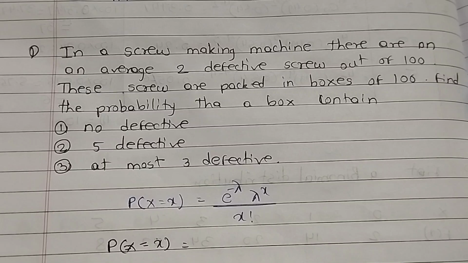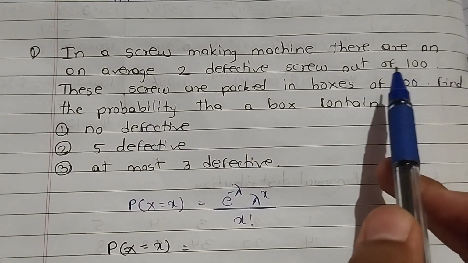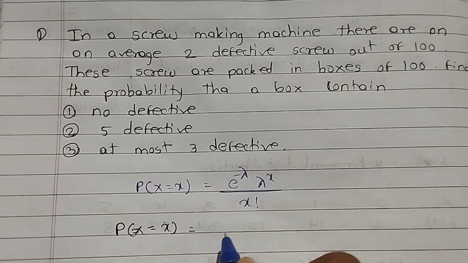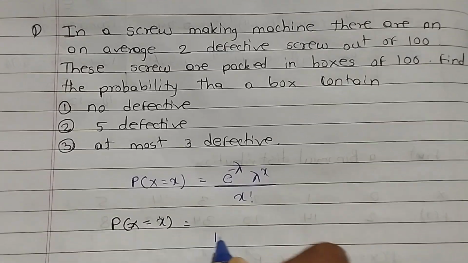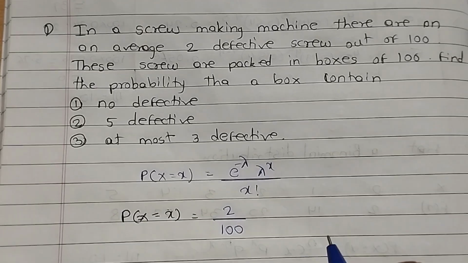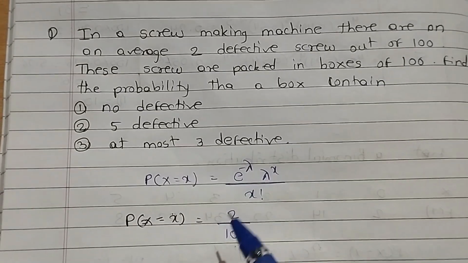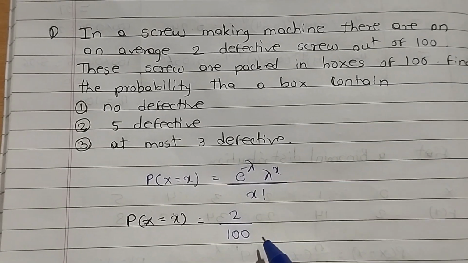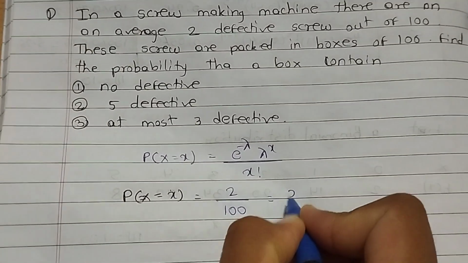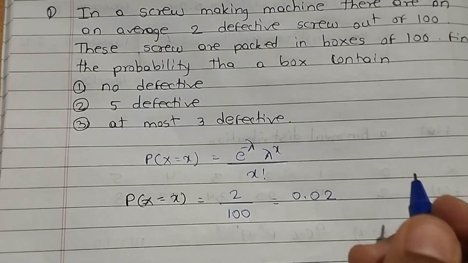So out of 100 we select 2 defective screws. That's why the probability is 2 by 100. This is nothing but 0.02.